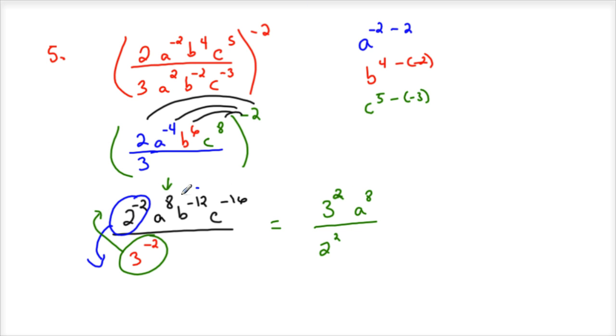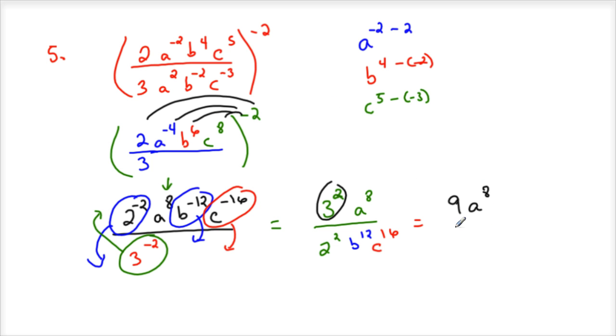If you notice, the b to the negative 12th is negative, so I want to bring it down. So this is going to be b to the positive 12th. And this is c to the negative 16th, and it's also negative, so I also want to bring this down as c to the positive 16th. And then my last piece here was just to reduce these. 3 squared is 9, a to the 8th, over 2 squared, which is 4, b to the 12th, c to the 16th. Simplifying those two, and that's all she wrote.